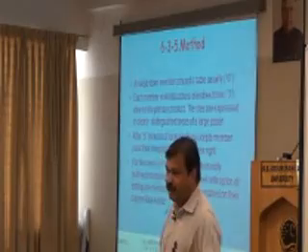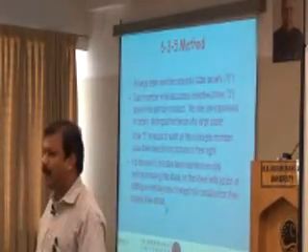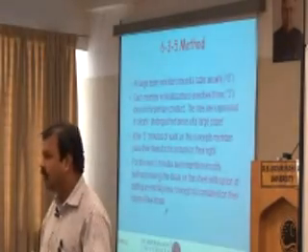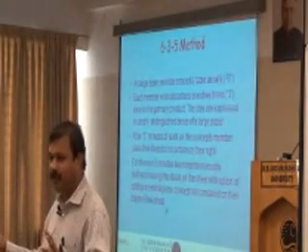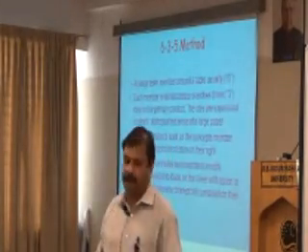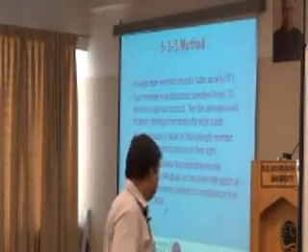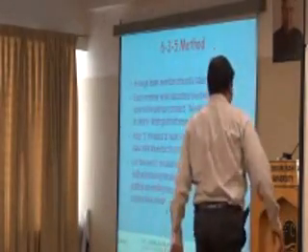Each member, first what you do is, you have a big sheet of paper. In fact, you have 6 big sheets of paper. The paper is divided into 3 columns.